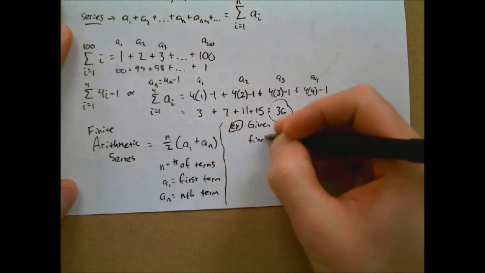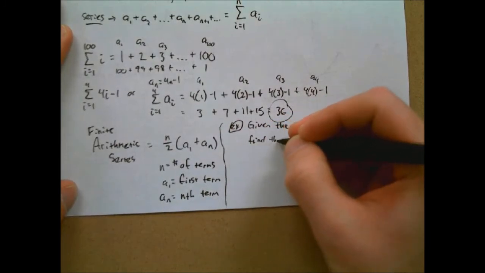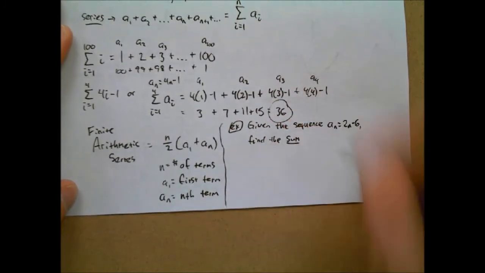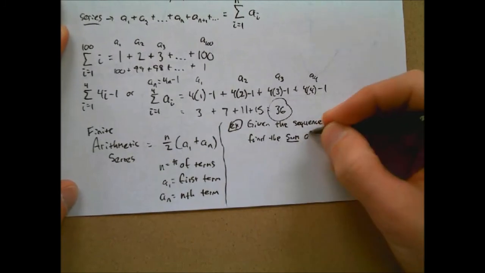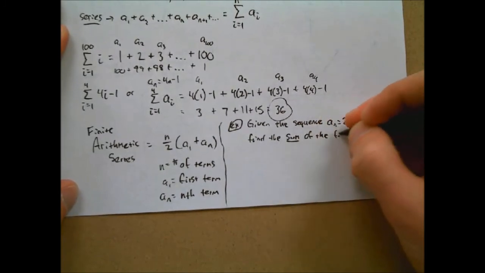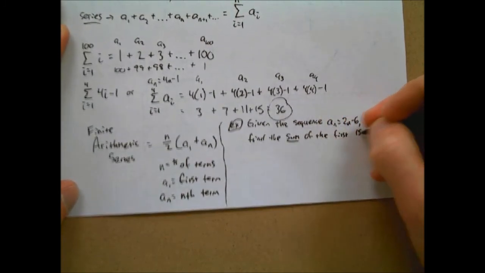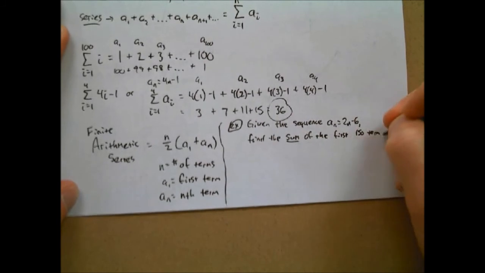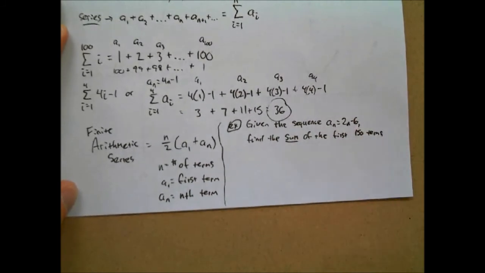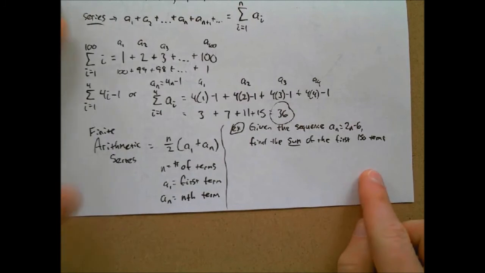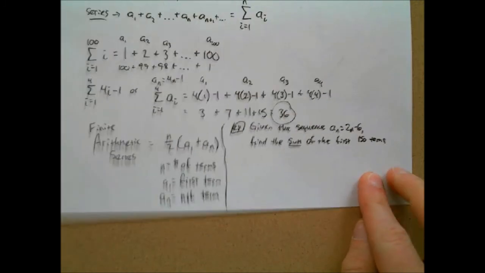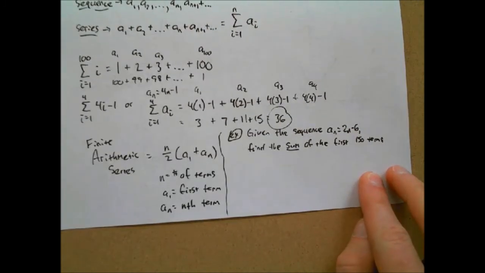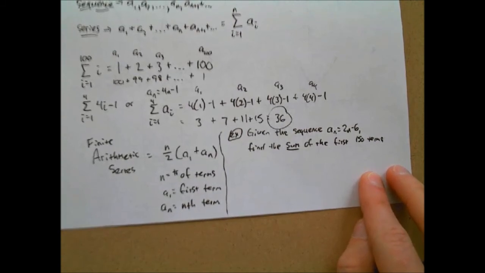Find the sum of the first 150 terms. That's talking back to what we talked about before. a sub n equals 2n minus 6 is linear, so it would come with a list of numbers. You could plug in 1 to find the first term, 2 to find the second term, and so on.